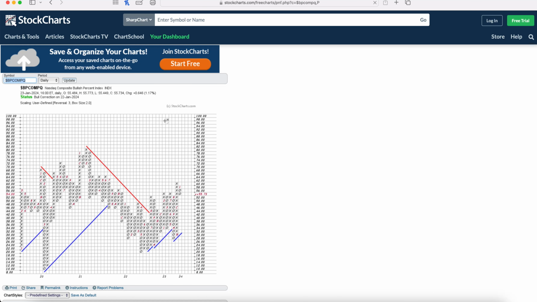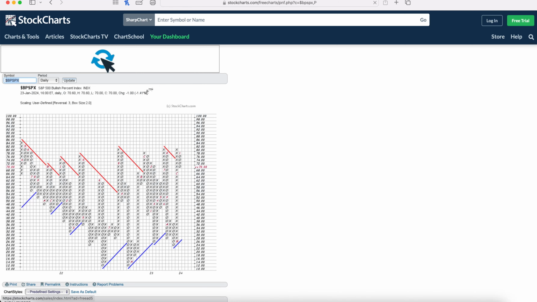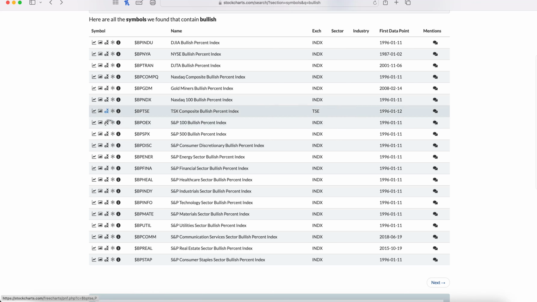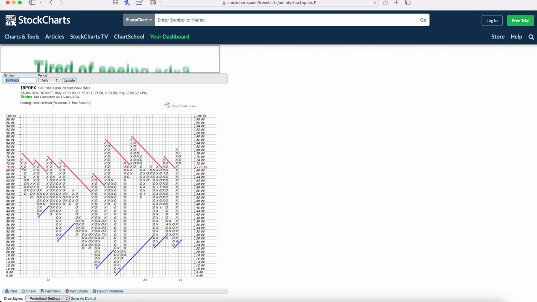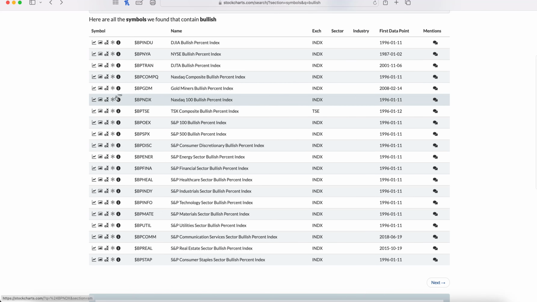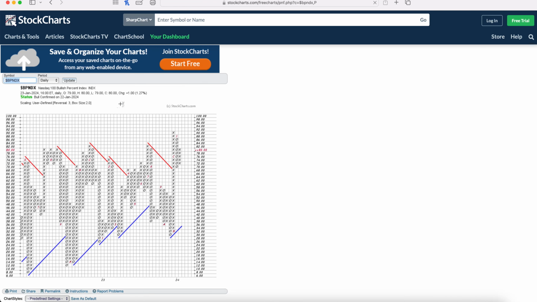The NASDAQ up 1.17%. The SPX down 1.41%, so that's just enough to make it confusing. The OEX minus 2.74%, and then the NASDAQ 100 up 1.27%.